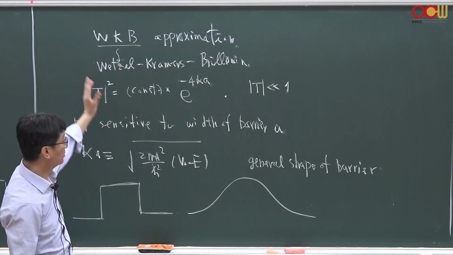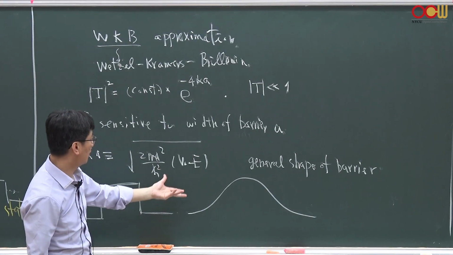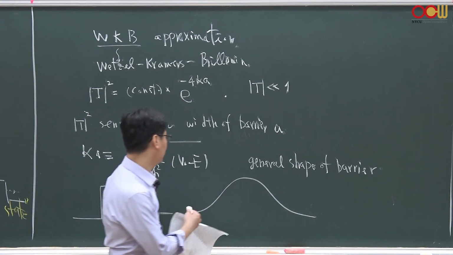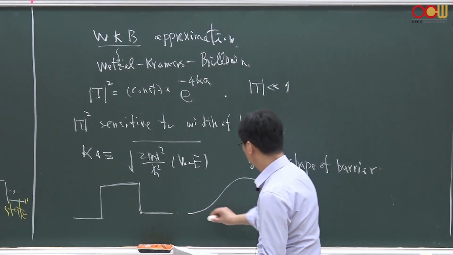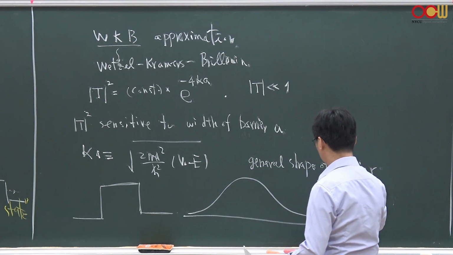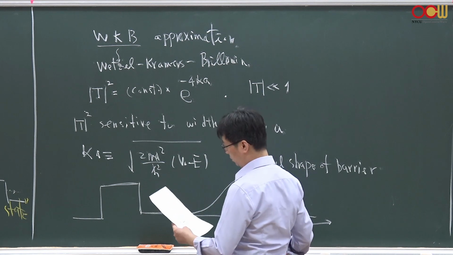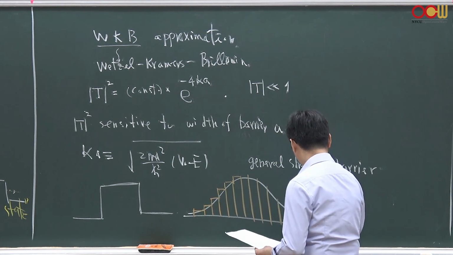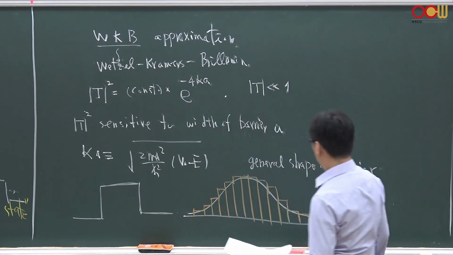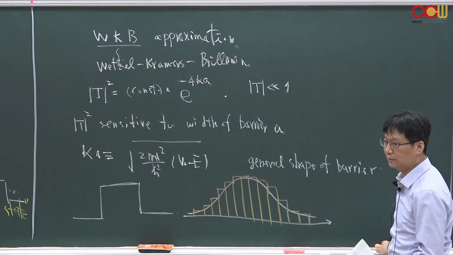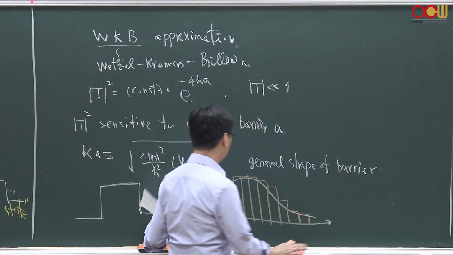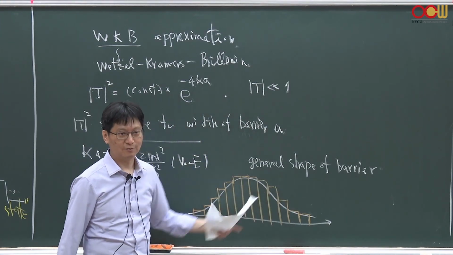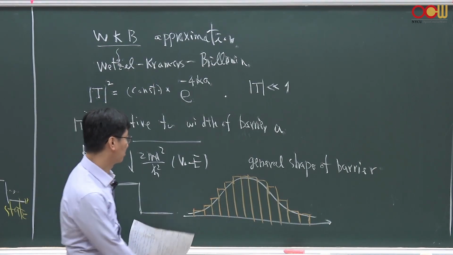So WKB developed the approximation based on the observation that the general shape of the barrier could be decomposed into many little squares or rectangles like this. You simply connect all these little rectangles, and then you approximately reproduce this general bump-shaped barrier.